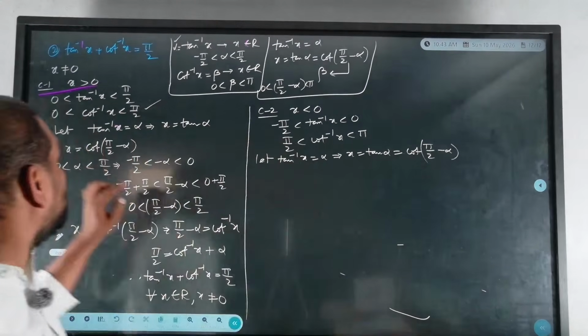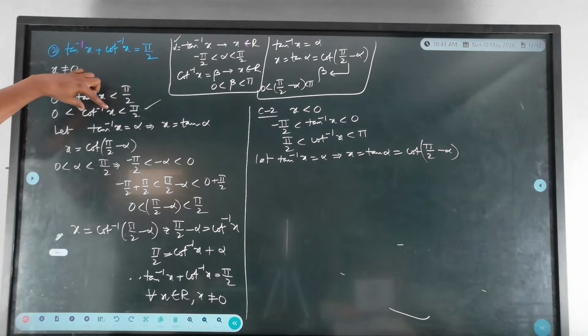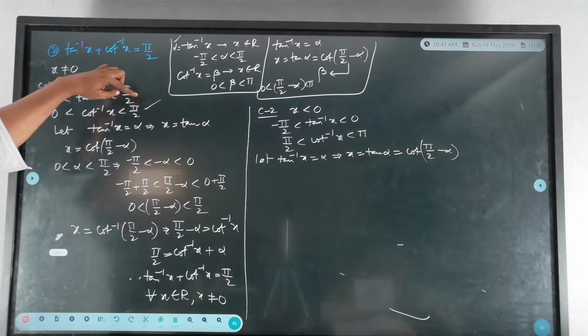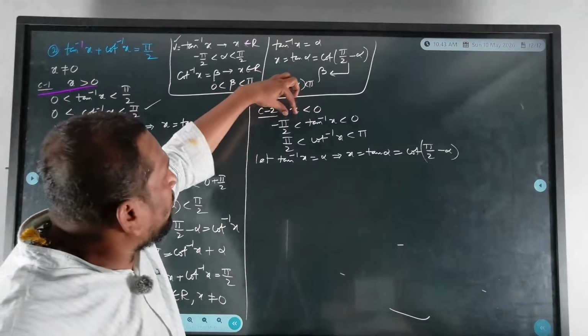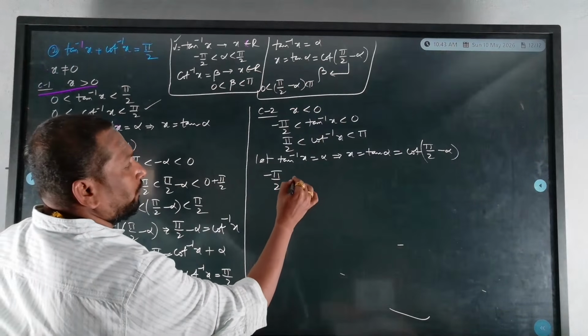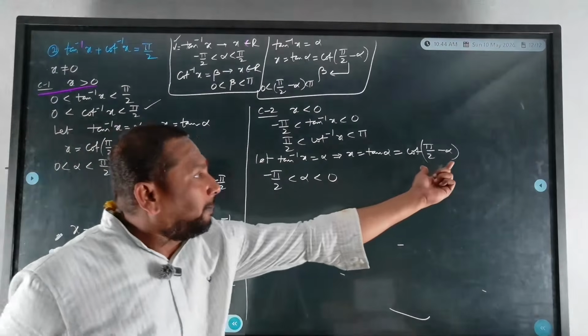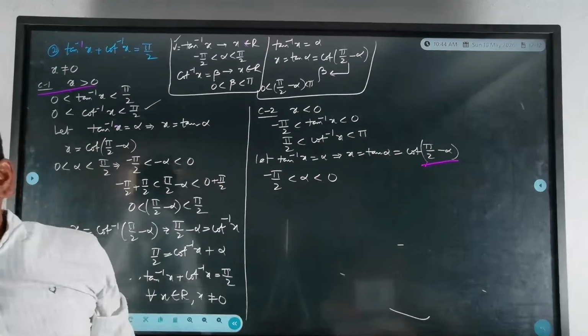If alpha is from 0 to pi/2, then pi/2 minus alpha is also from 0 to pi/2, is it okay or not? Here, if alpha is from -pi/2 to 0, then pi/2 minus alpha is from pi/2 to pi, is it okay or not?